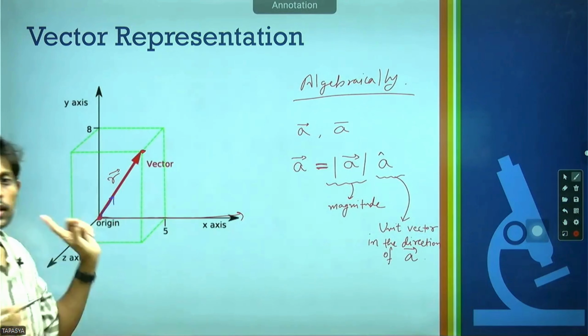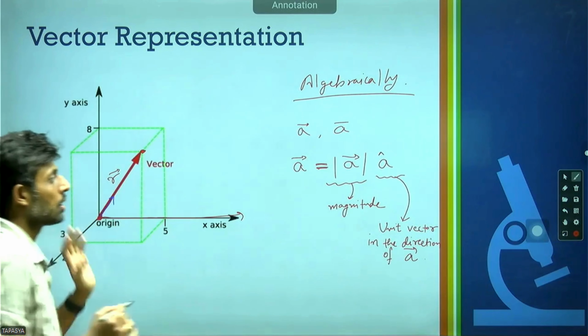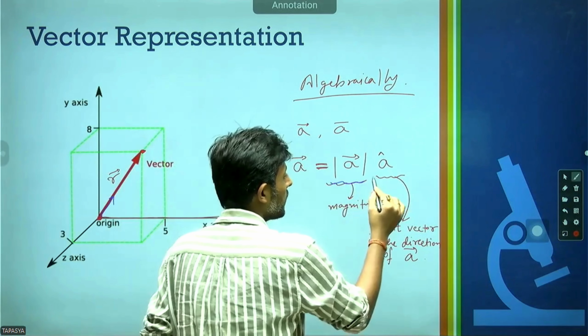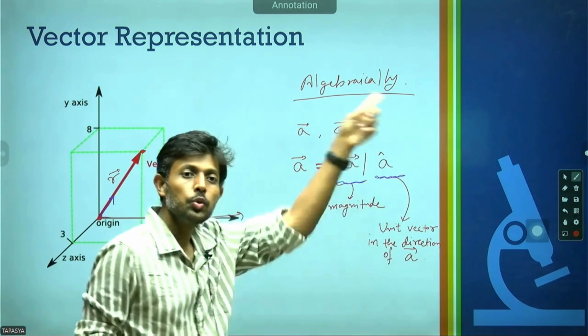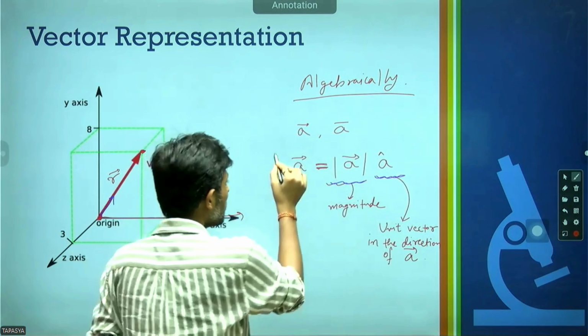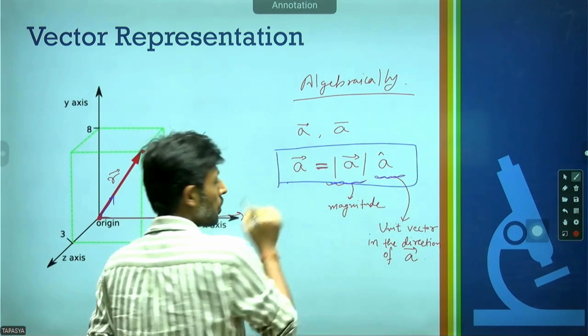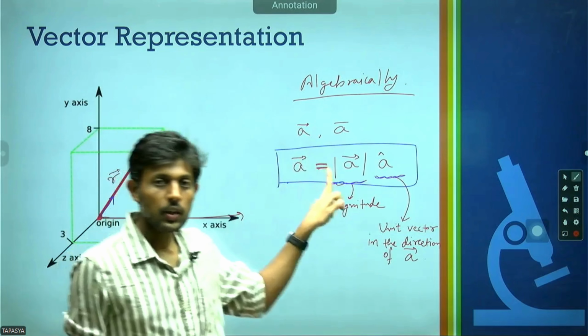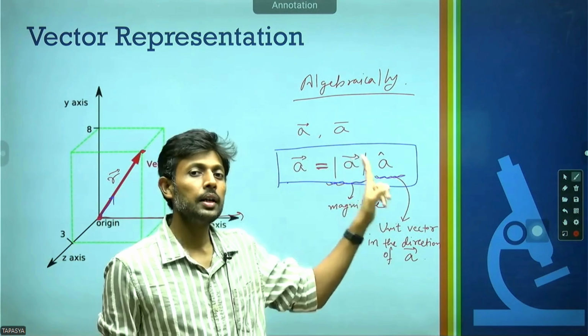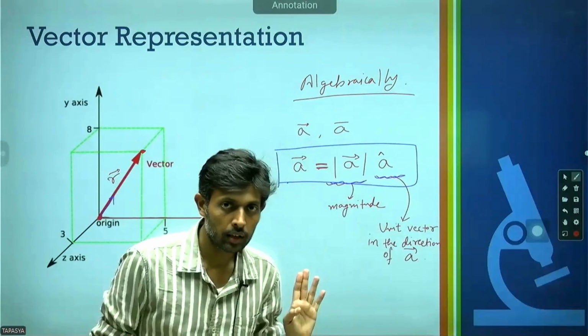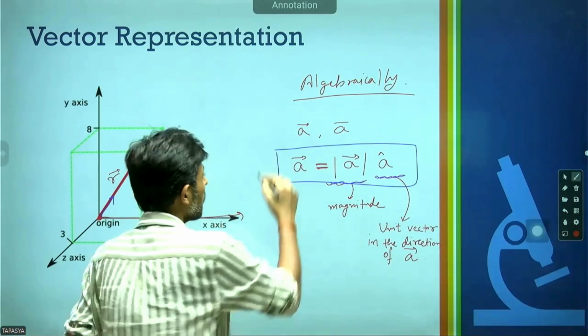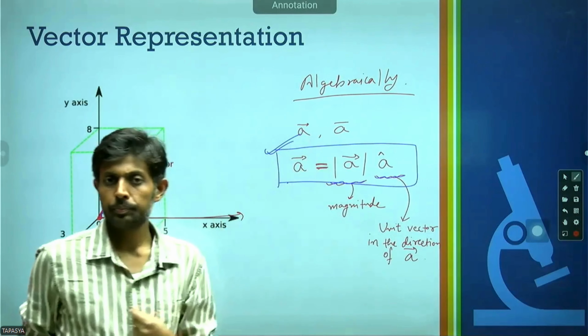Okay, so this is a unit vector in its direction. So the magnitude of the vector multiplied by the unit vector gives you the entire vector. This is the algebraic representation of a vector. Vector A is equal to magnitude of vector A multiplied by direction of vector A. Okay, so this is how you represent it algebraically.